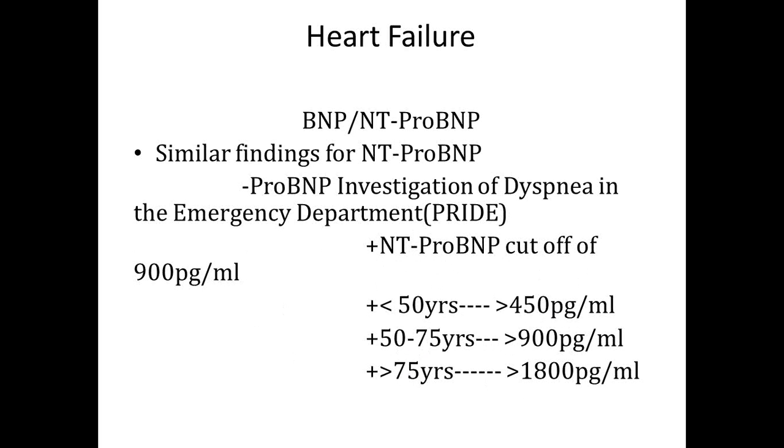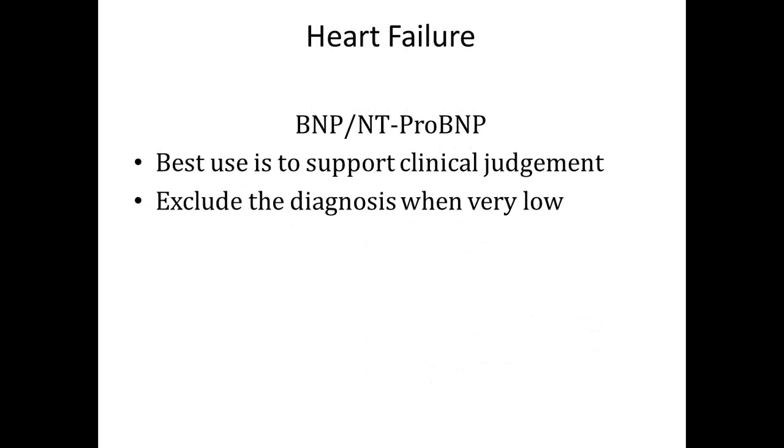So what we're saying is that for an older patient, you need a much higher NT-proBNP or even BNP to make that diagnosis. Okay, so the cutoff level increases with age.